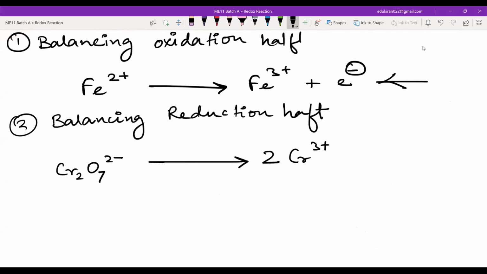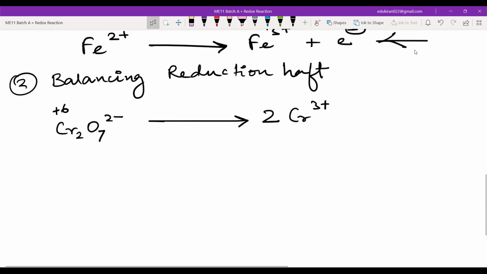Now, how many chromiums are there? 2 chromium, na? That means you will need in total 6 electrons. And then you will have 2 Cr3 positive. Do all of you understand why this 6 electron is there? Yes, sir. Okay, thank you.